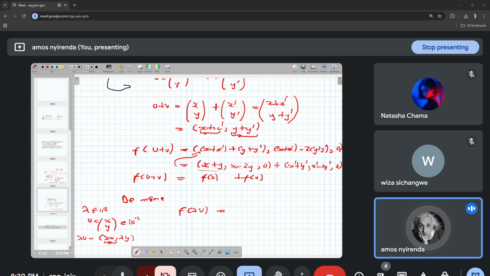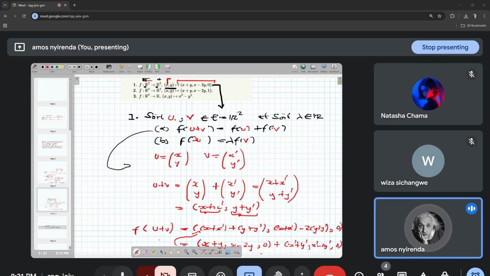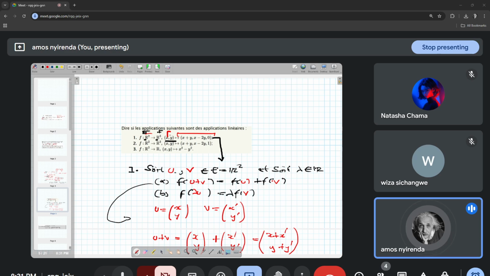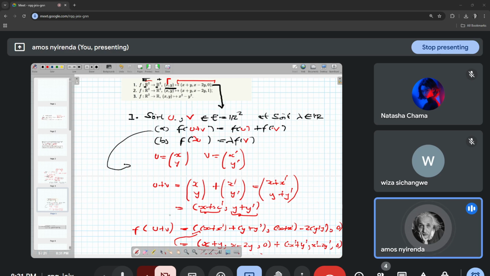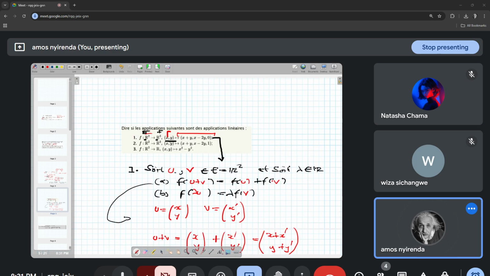So I'm scaling the vector u by the quantity lambda, meaning I'm going to multiply lambda by each and every component of u. And so lambda multiplied by u is lambda x, comma, lambda y. So the x that is here, we substitute it with lambda x, and then the y that is there, we substitute it with lambda y.